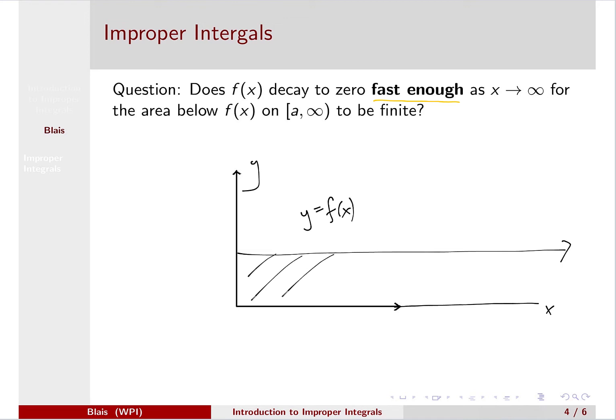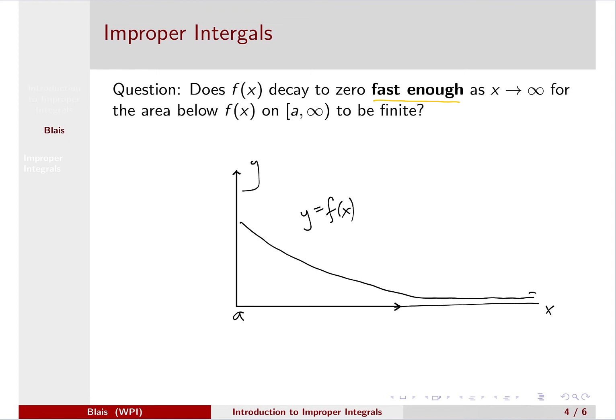Well, I think we can all see intuitively that the area below the curve, say y equals 1, from a to infinity would be infinite. So we need the function to approach 0. But approaching 0 is not enough. It has to approach 0 at a fast enough rate for that area below the curve to be finite.